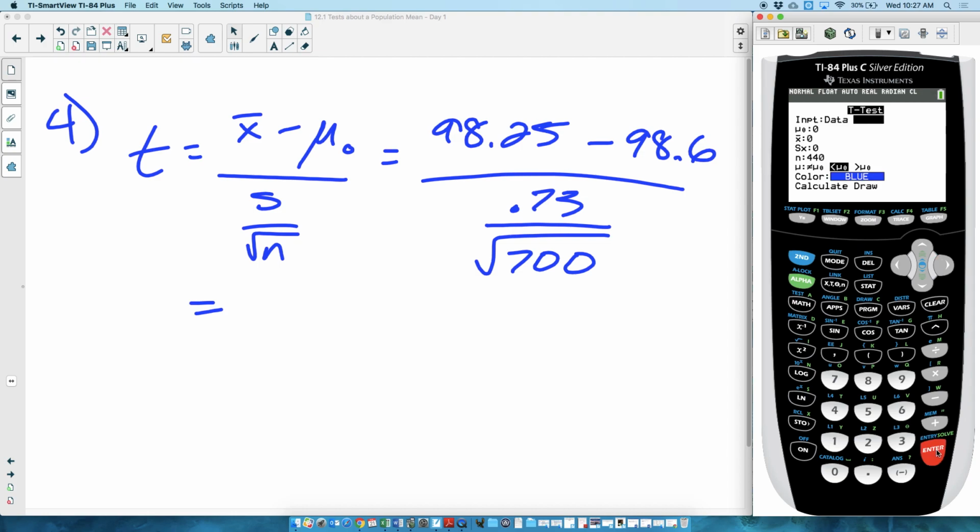So then it asks, what is your null hypothesis? 98.6. Your X bar, 98.25. S sub X, 0.73. N, 700. We said this was a not equal to test. I'm not going to change the color because I'm not going to graph. I'm just going to calculate. And I get a t value of negative 12.685.